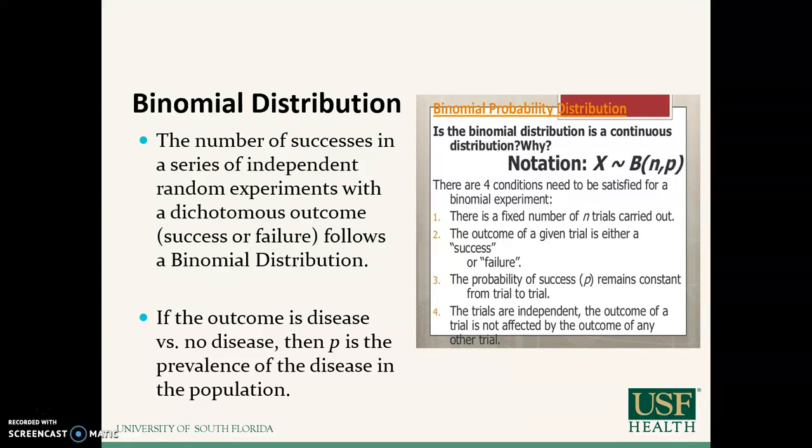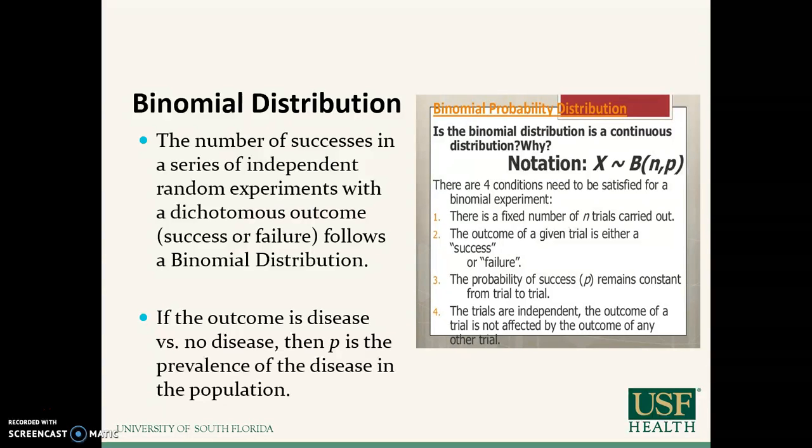So the random variable is the number of successes in a series of independent random experiments with a dichotomous outcome. And on the right-hand side of the slide, you can see the notation X tilde. So tilde is like X follows a binomial distribution, we use B(n, p).